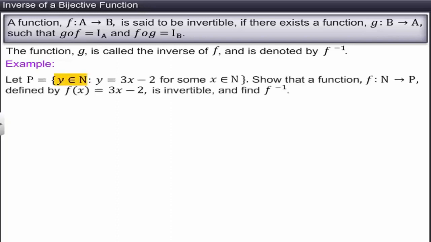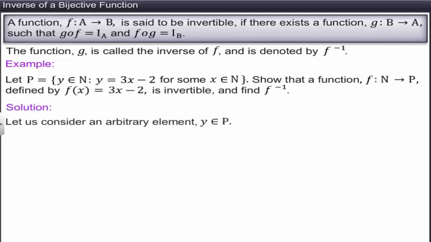Let P be the set of all y such that y is a natural number and is equal to 3x minus 2. Let's show that a function f from N to P, defined by 3x minus 2, is invertible, and let's also find its inverse.